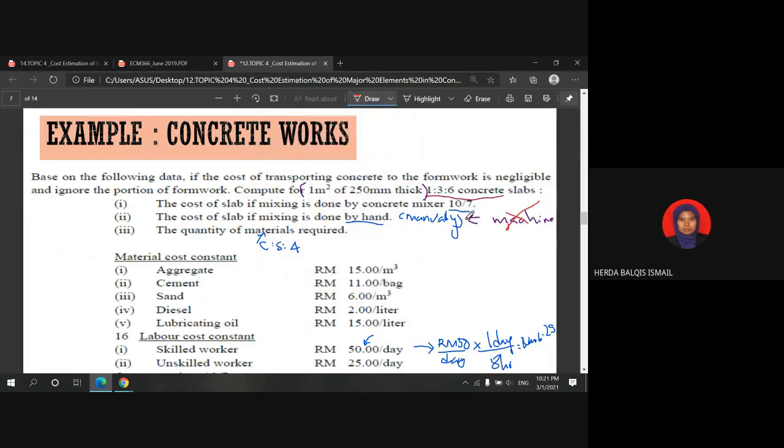So the only costs that need to be considered here are material cost and labor cost.